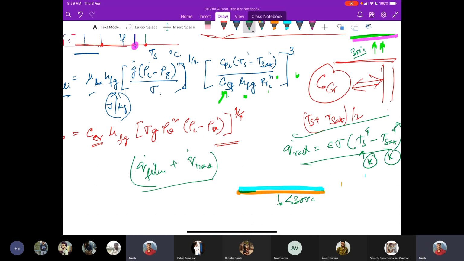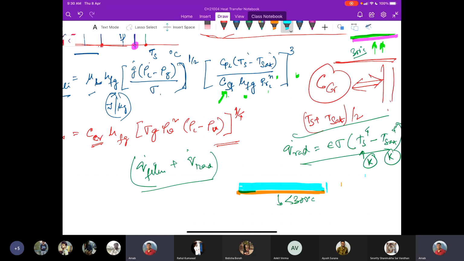Now, once radiation comes into play, if the radiation is higher, if the emissivity of the plate is higher, then what will happen? More and more vapor will be generated. So that means the vapor layer thickness will further increase. And as it increases, the convective heat transfer coefficient decreases.